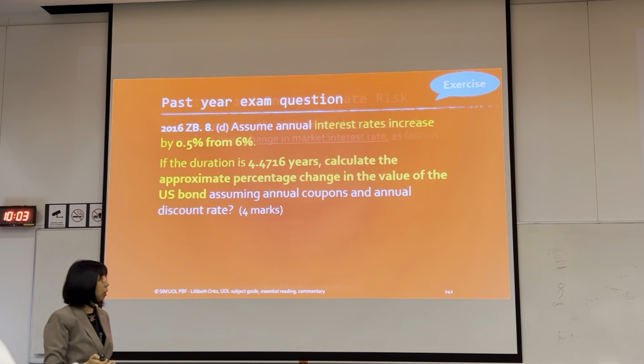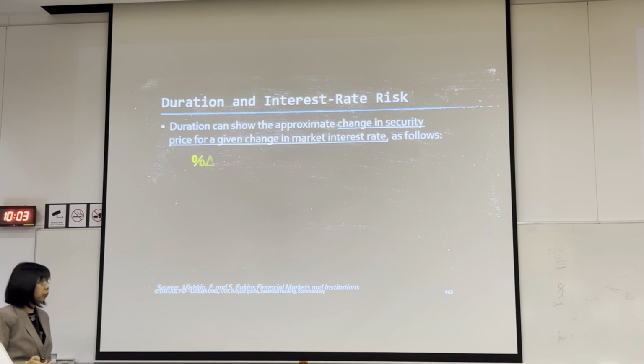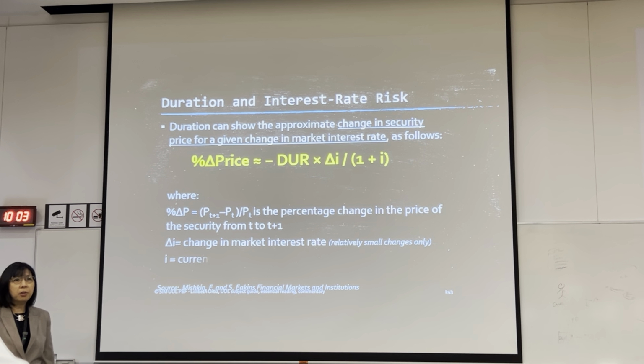So how you would compute is the change in the price of your bond is approximately equal to negative duration of that bond times the change in interest rates that is expected, divided by 1 plus I.